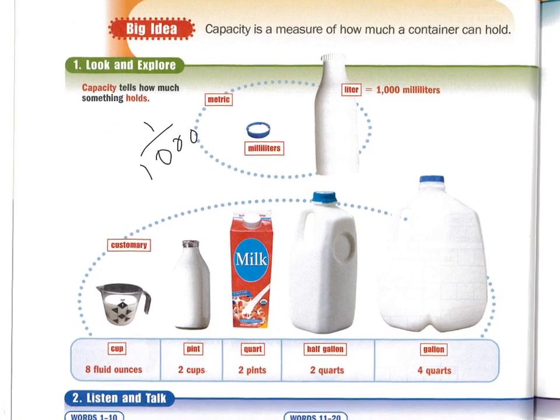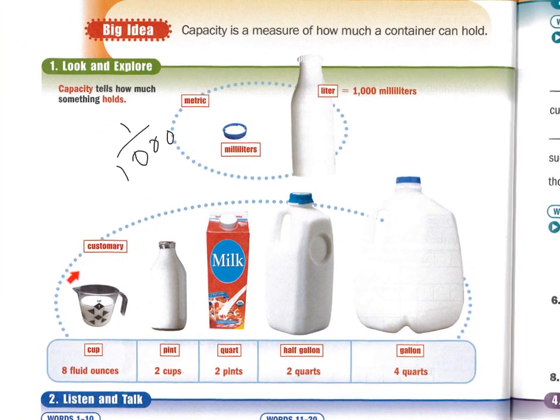Our customary, our English system: cup, pint, quart, half gallon, gallon. So a cup of milk is 8 fluid ounces. A pint is 2 cups. So how many ounces? 2 times 8, so 16 ounces.